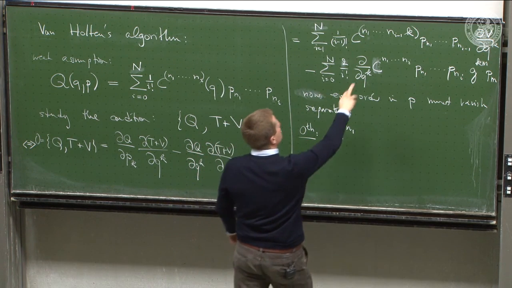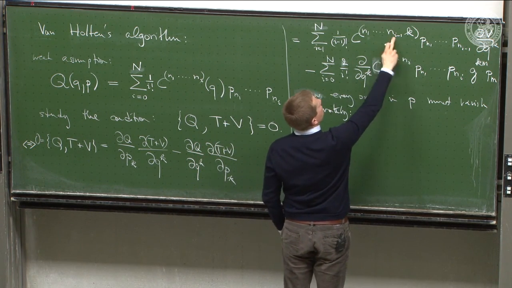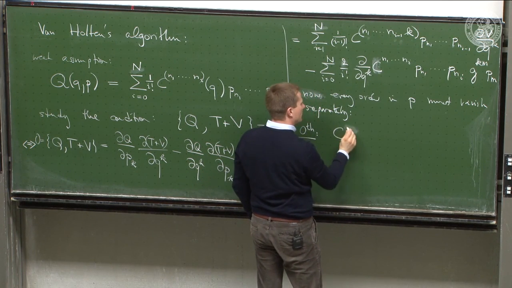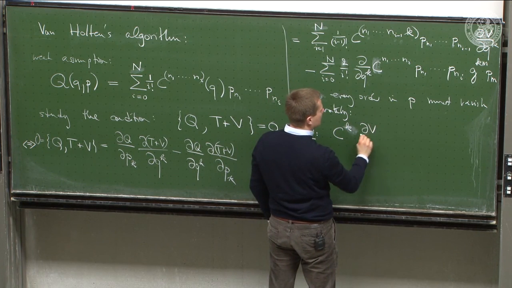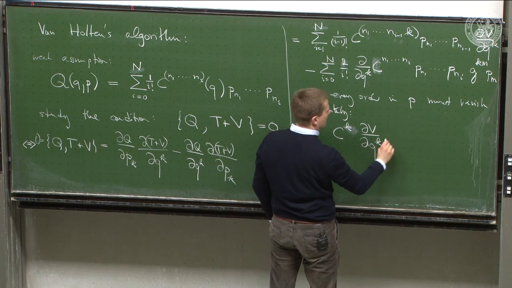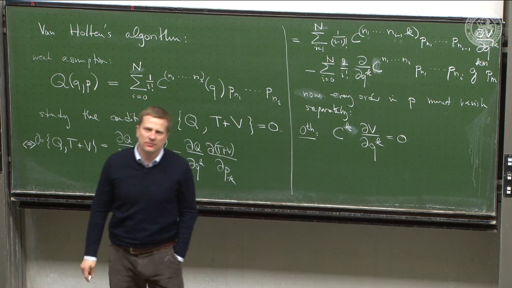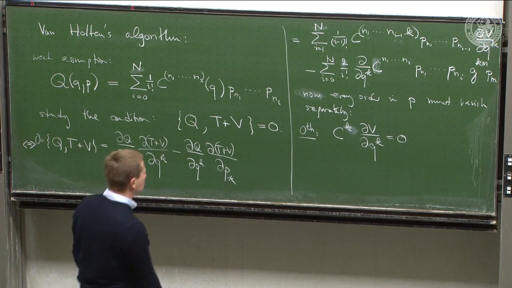Right. There is 1 left, but I minus 1 goes to 0, so none of the n's are left. The only thing that's left is a k, and that goes with the dv by dqk equals 0. That's the 0th order equation.